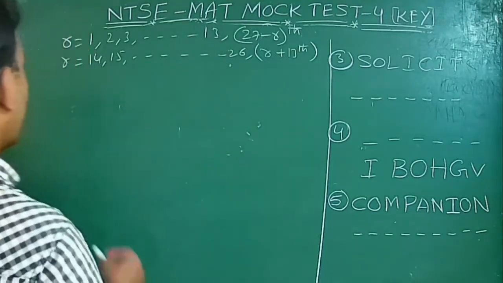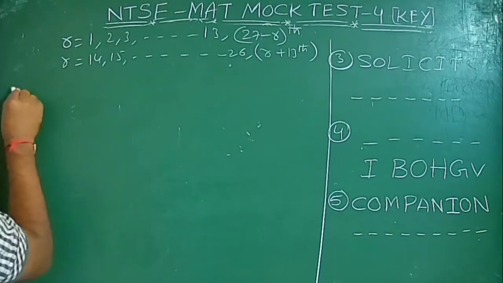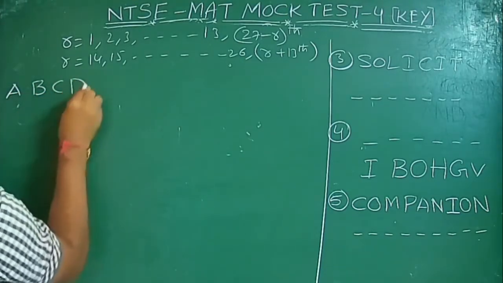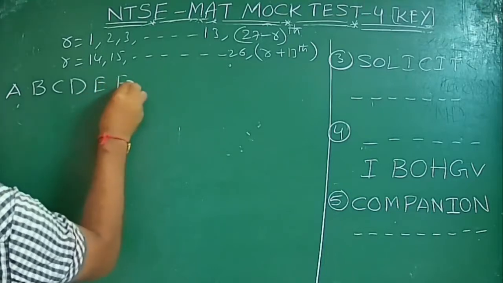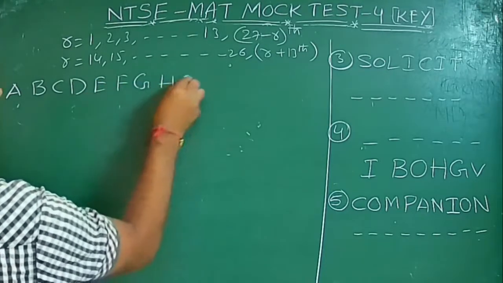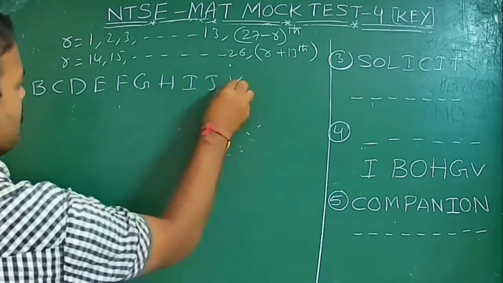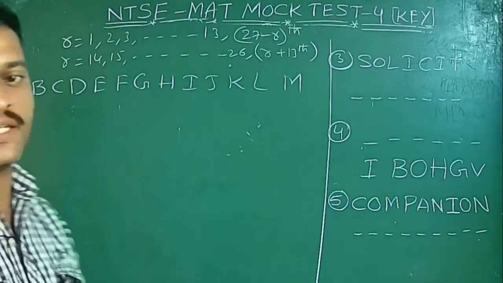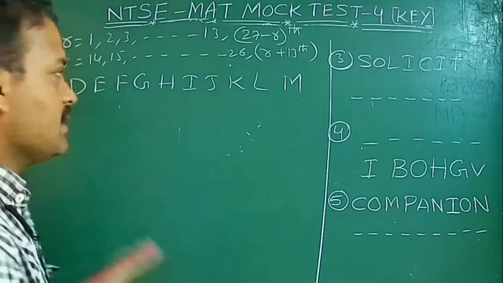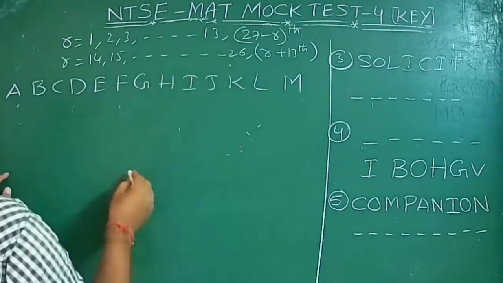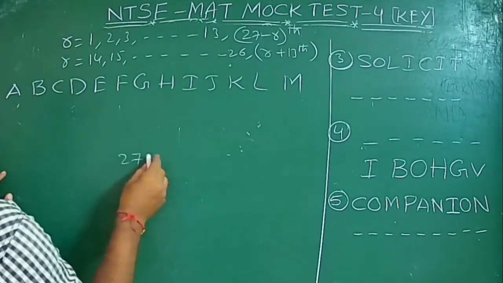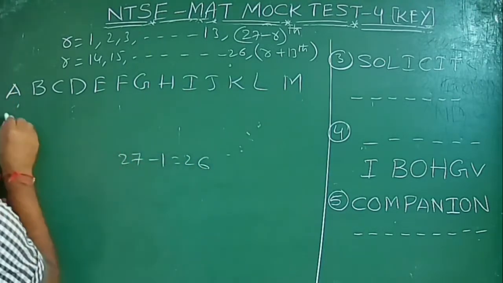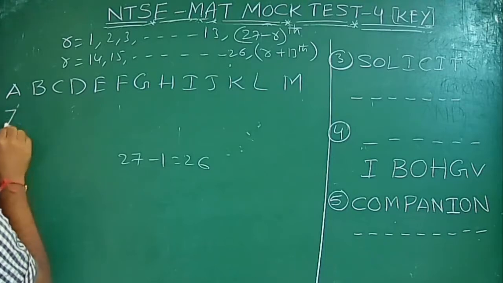First of all you need to write A, B, C, D, E, F, G, H, I, J, K, L, M. So this is up to 13 only. Based on that, here 27 minus R, 27 minus 1 means what? It is 26 only. 26 is nothing but Z only.